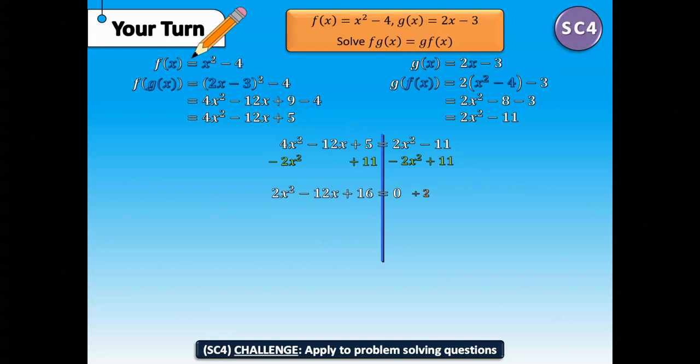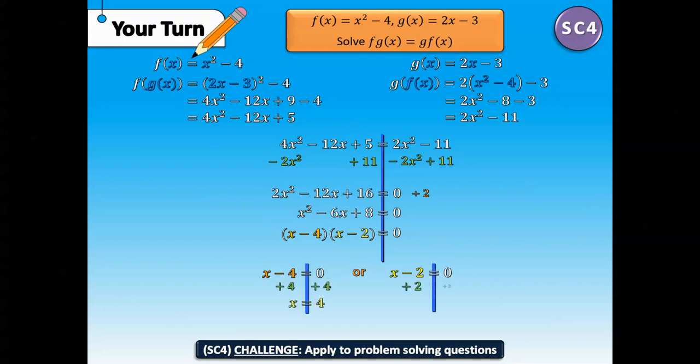Then, if we divide everything by 2, it makes it easier to solve. So we've got a quadratic. Factorize it into 2 brackets, and then we can solve them. So x minus 4 equals 0, or x minus 2 equals 0. So x equals 4, or x equals 2.